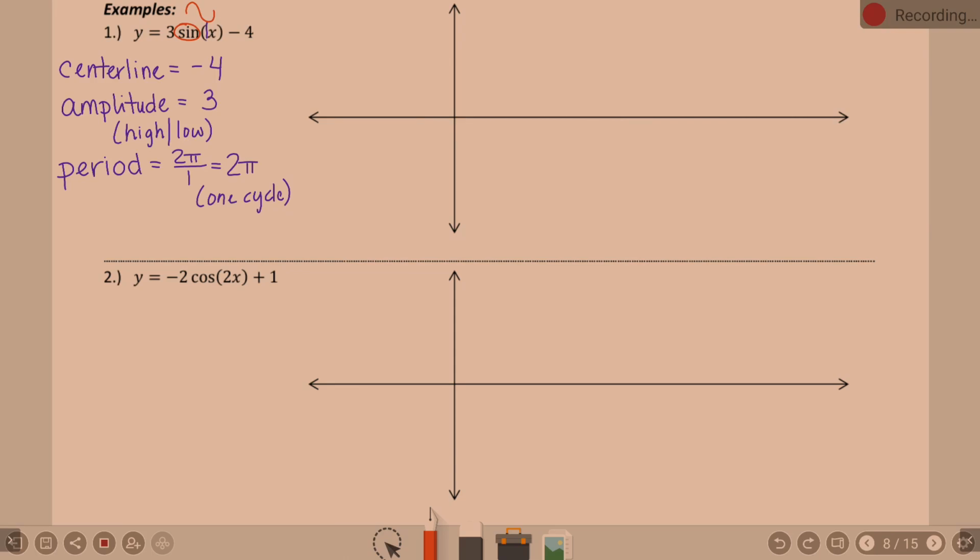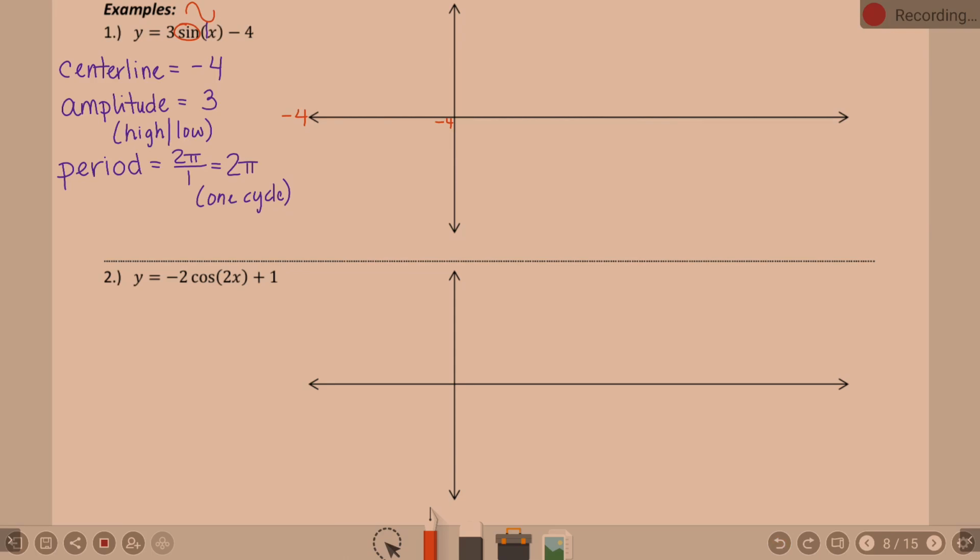Instead of going down 4 and then drawing the graph, what we traditionally do is rename the center line. So this center line is going to be negative 4. You can name it right there, or put it at the origin. You have to have it there somewhere. So you can put negative 4 here or here, whichever makes you happier, or put it in both.